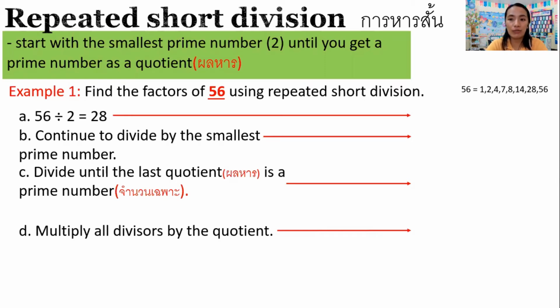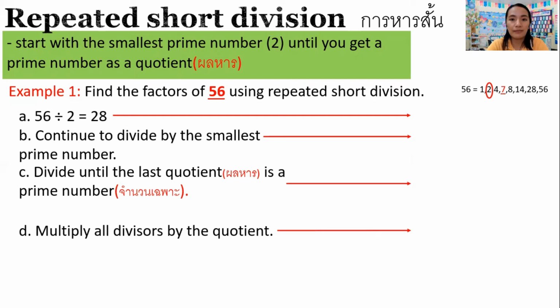So first, I gave you here the factors of 56, which are 1, 2, 4, 7, 8, 14, 28, and 56. Next, we'll figure out the prime numbers of the factors of 56. They are 2 and 7.